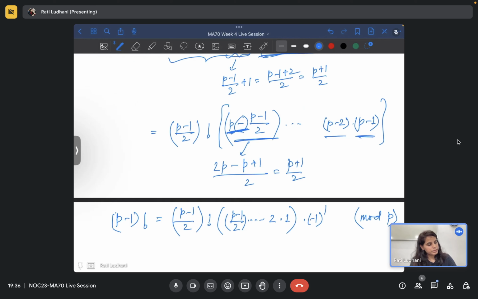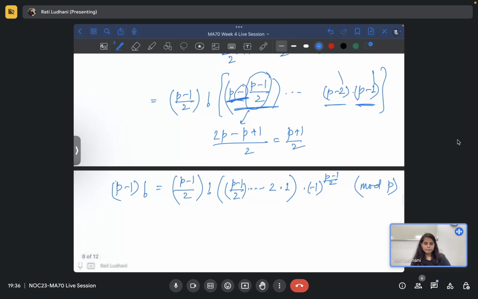So how many will it be? (p−1)/2, because this is starting with 1, 2, 3 and so on. So if you go mod p, then this first p will be just 0. Then you have this minus sign, which you club separately, and you take this positive thing inside. Is that okay, this step?